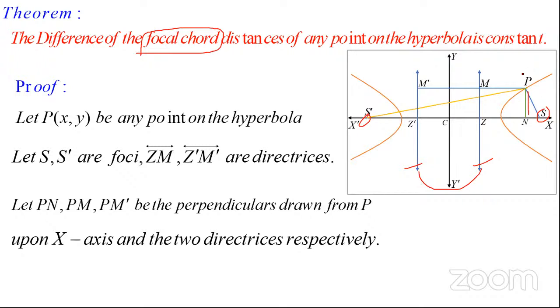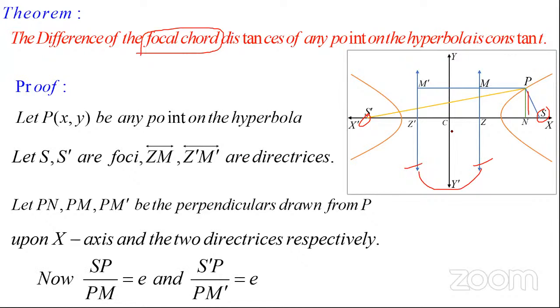Then, from the conic formula, SP by PM equals E, and S dash P by PM dash equals E. Clearly observe here: SP by PM value equals E, and S dash P by PM dash value is also E. If we take P as x comma y, then CN value is x and PN value is y.